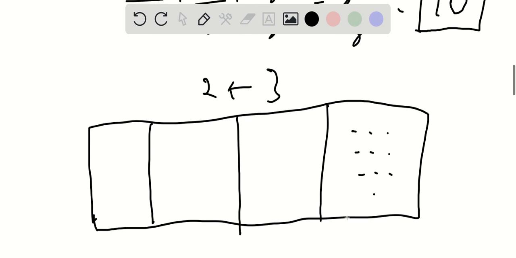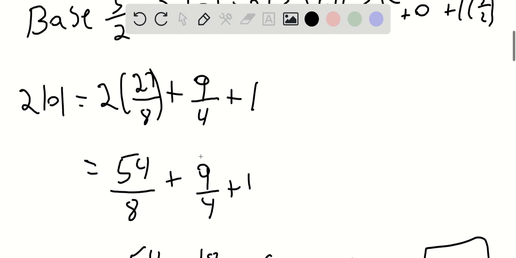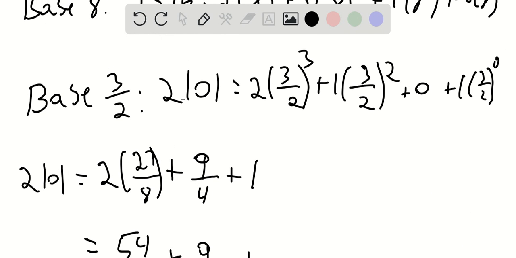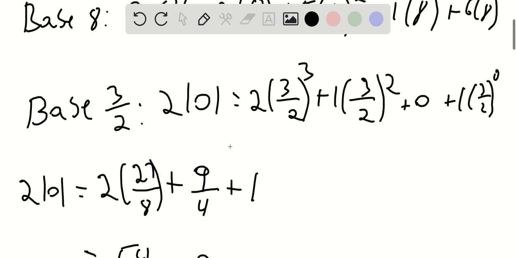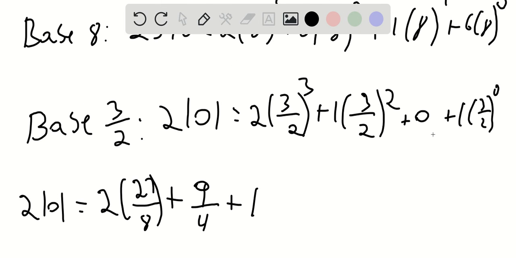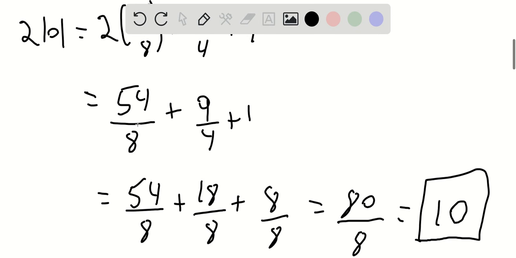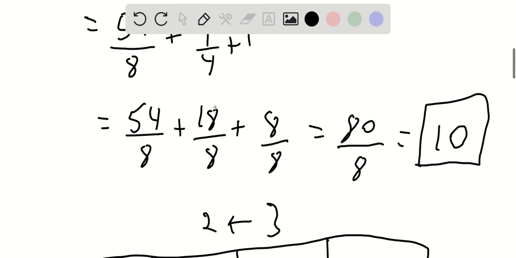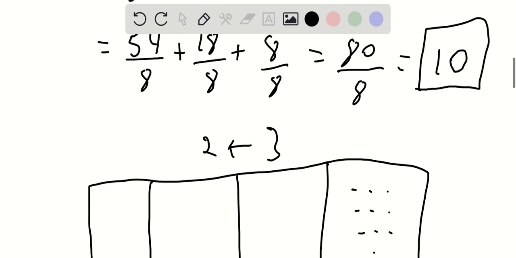It says whenever you have 3 dots in any box, they explode and become 2 dots, 1 space to the left. So go ahead, do your explosions, and you should come out with the code for 10 as 2101. And that means that we can represent 10 as just a sum of products of powers of 3 halves. So these crazy fractions, 54/8 plus 9/4 plus 1, turn out to be equal to just the whole number 10. Pretty cool.